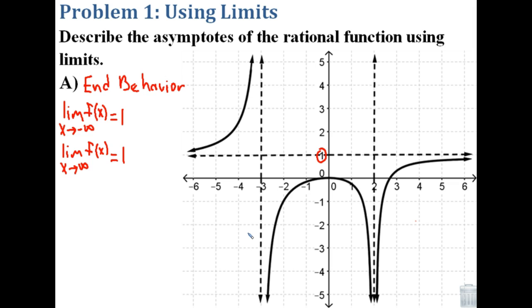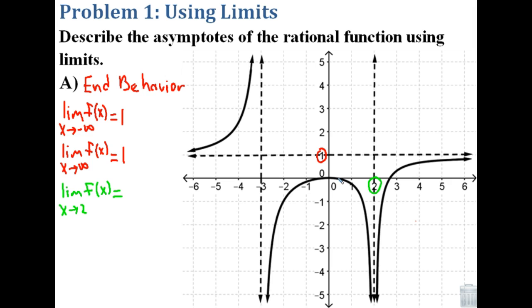And next thing we want to do is describe the vertical asymptotes using limits. Again, where an x value hits a vertical asymptote, that's where our function isn't defined. So in the case of x equals 2, I can't say what is f of 2, but I can describe what's happening there using limits. So what we'll do here is we'll say the limit as x goes towards 2 of f of x.